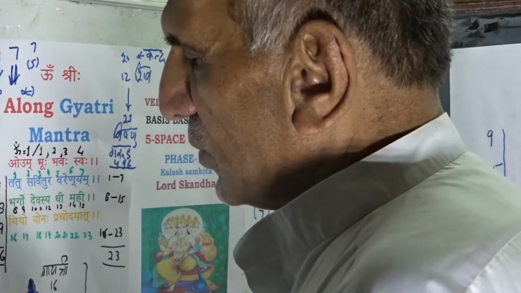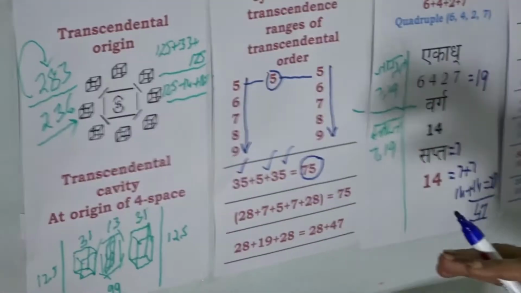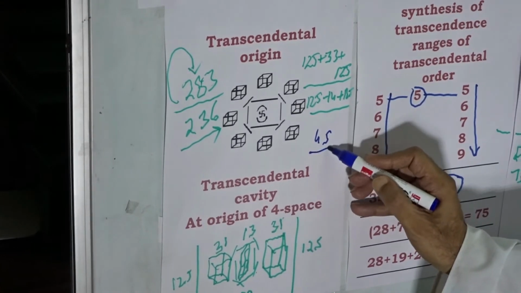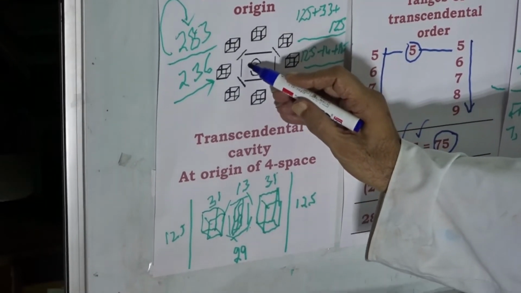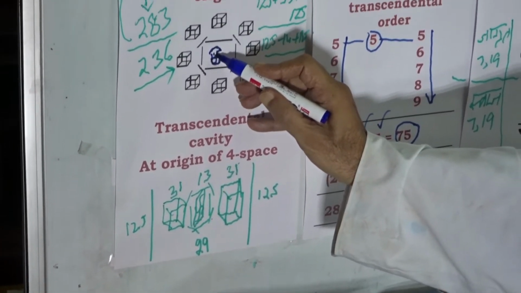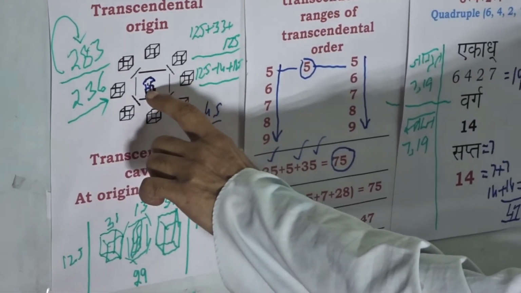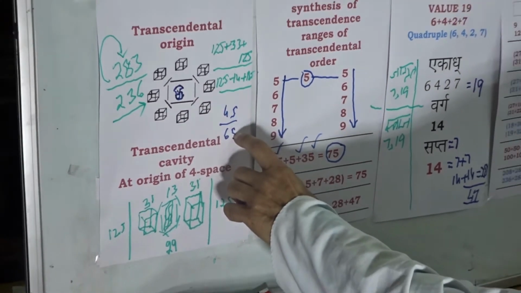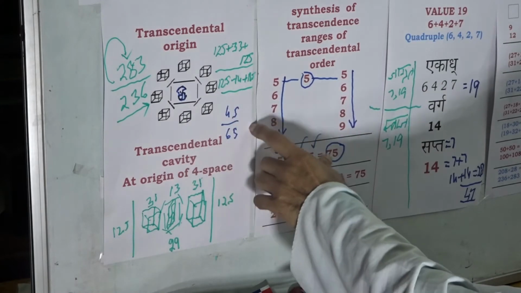Further, we have to have a focus upon the creators of space, that the 4 space is playing the role of a 6 space. Now, we also know that 5 space plays the role of an origin of a 4 space. Therefore, 5 space is playing the role of the origin of a 4 space. 4 space plays the role of dimension of a 6 space, and 5 space goes as a transcendental boundary.